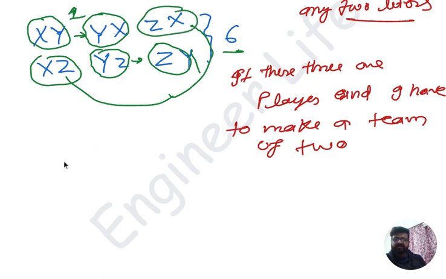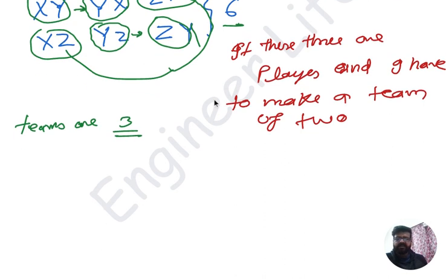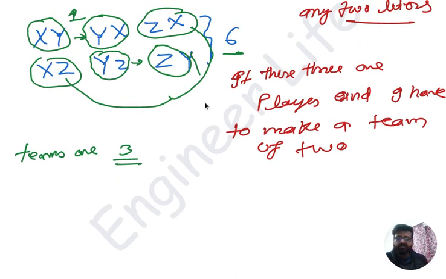So in the permutation the count was 6, but here the teams are 3. So you can see, in the permutation formula, now listen carefully, we don't consider the order.